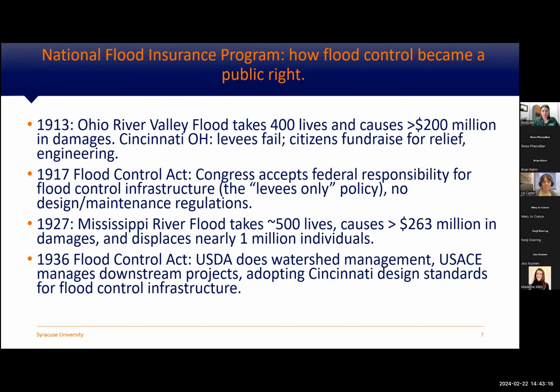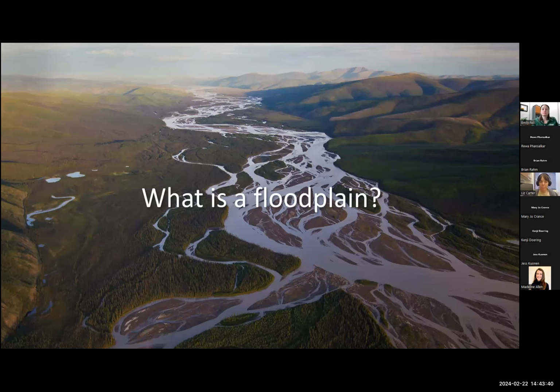So the 1936 Flood Control Act follows up on the 1917 Flood Control Act. And we start seeing us adopting the floodplain management paradigm that we currently use to provide flooding relief in the US. So we're adopting those design standards that were piloted in Cincinnati in the aftermath of the Great Flood of 1913.